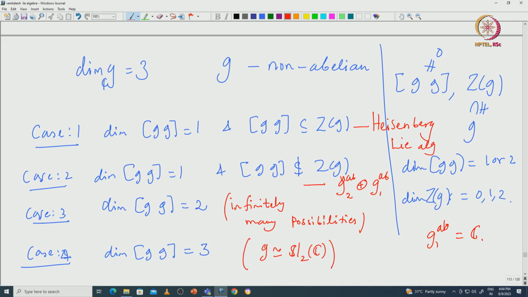We will introduce later what are called solvable Lie algebras. So, basically cases 1, 2, 3, all of them will be solvable. Okay. And in case 4, you get what is called a simple Lie algebra.